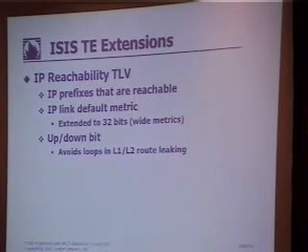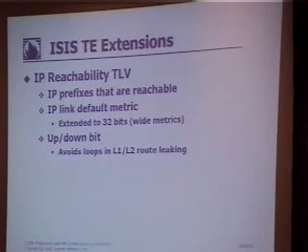They also took advantage of the opportunity to allow leaking routes between levels in ISIS. So prior to this, if you were running an ISIS network, all your level 1 areas were kind of like stub areas. They just sent traffic to the closest level 1, level 2 router. You didn't have specific information about prefixes that lived outside of your level 1 area.